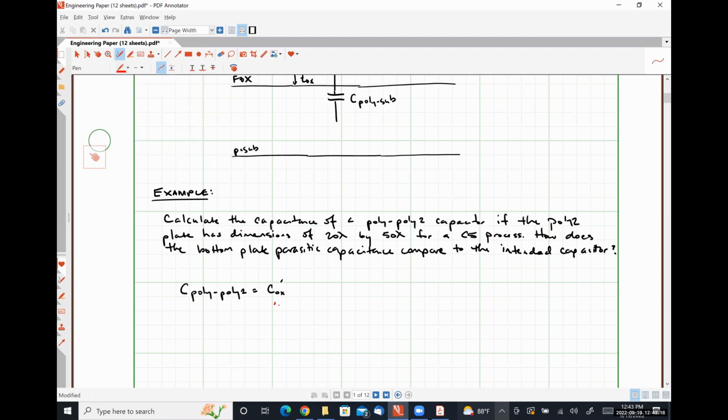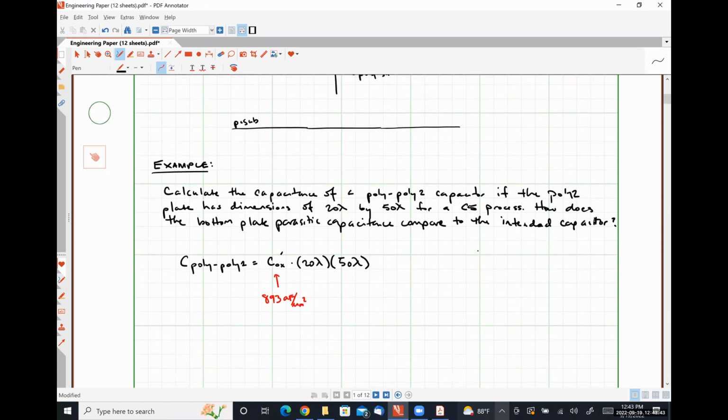I'm just going to tuck that in right here. 893 attofarad per micron squared. And then we're going to multiply that by the area of our plate, which is 20 lambda by 50 lambda.